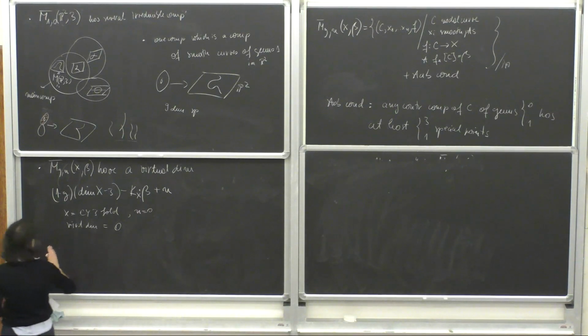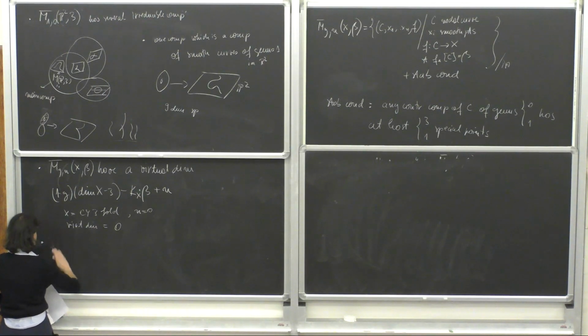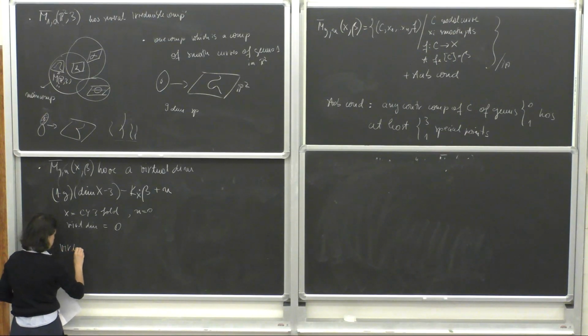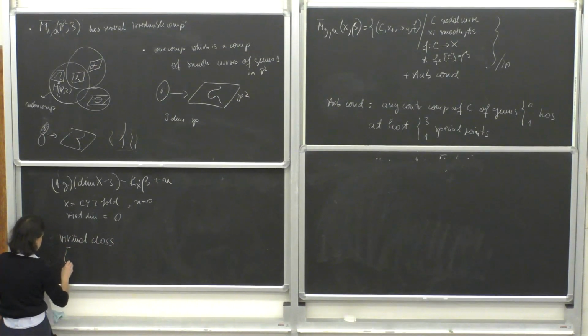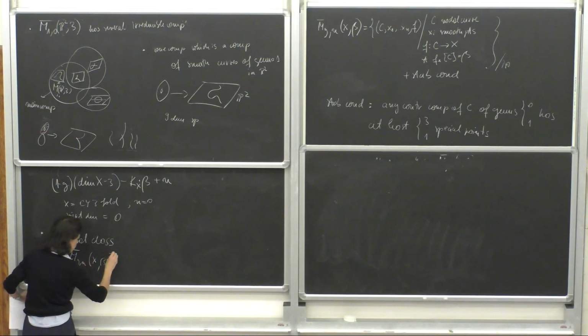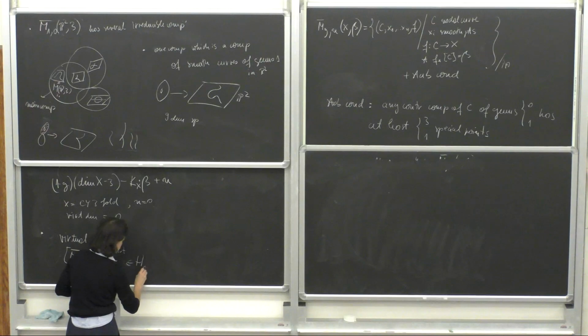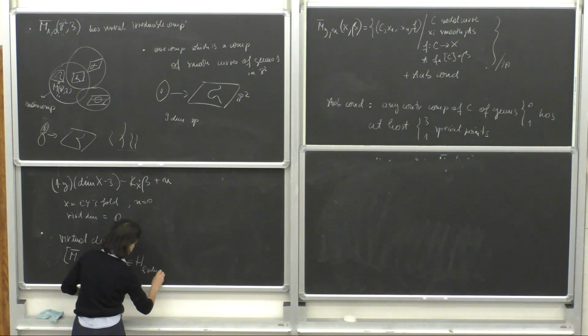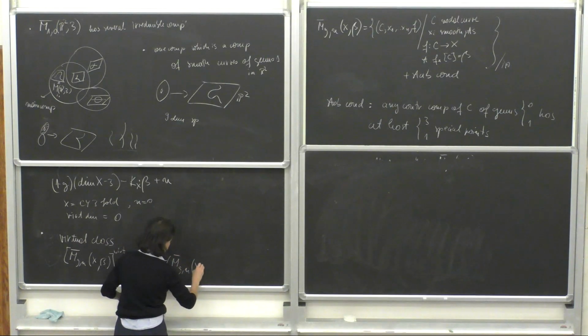And there is something called, so these spaces have virtual classes. So this will be something denoted like this, [M_{g,n}(X, beta)]^virtual. So this will be a class in homology of degree twice this virtual dimension of M_{g,n}(X, beta).